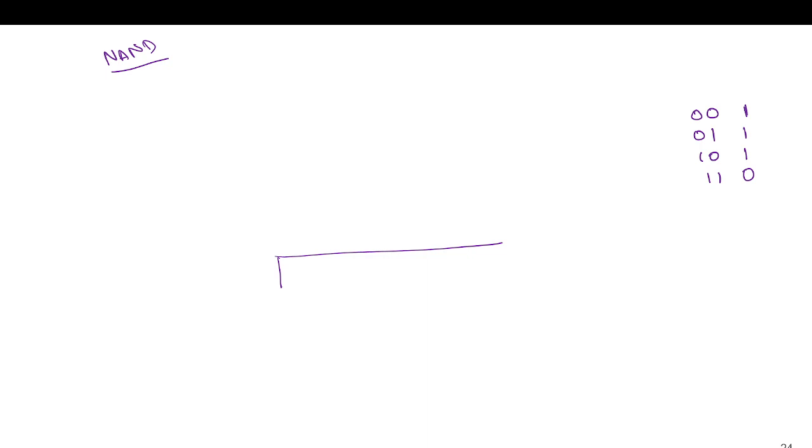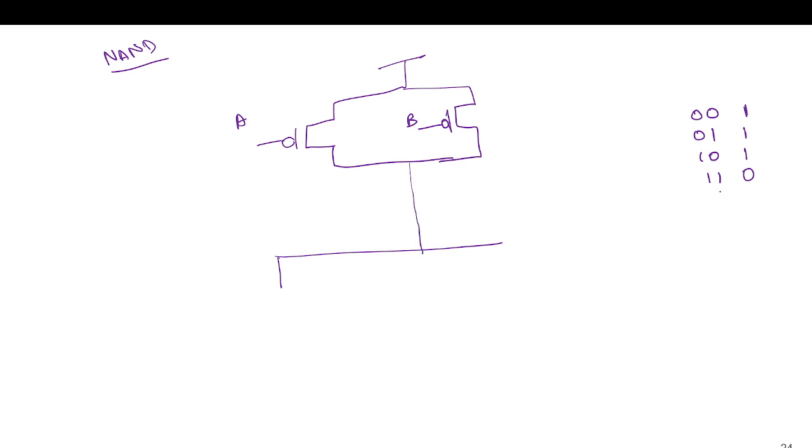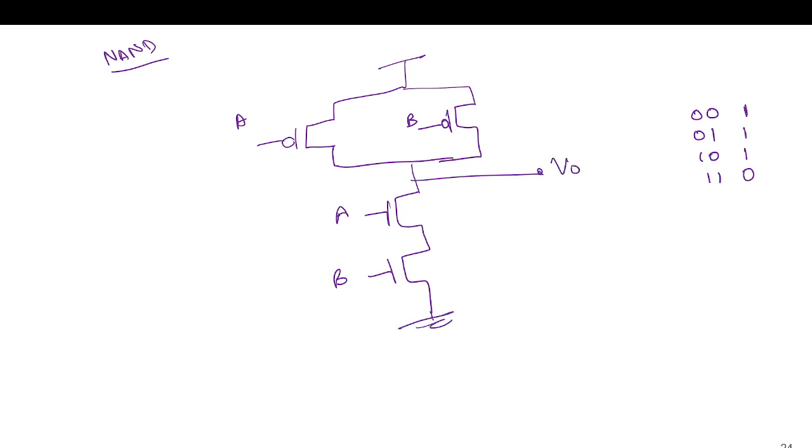For pull up, if any one is on, the output should be 1. But for discharging to the ground, both should be 1. So both A and B should be on to discharge to the ground. So this is V out.